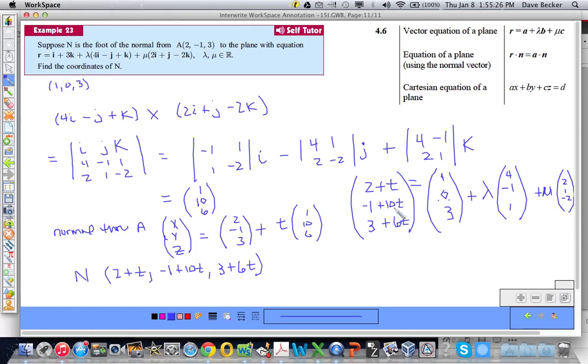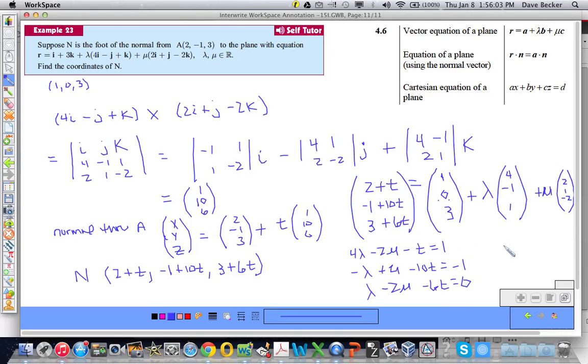And if you simplify all of that, this first line simplifies to 4 lambda minus 2 mu minus t equals 1. Negative lambda plus mu minus 10t is equal to negative 1. And then lambda minus 2 mu minus 6t is equal to 0.